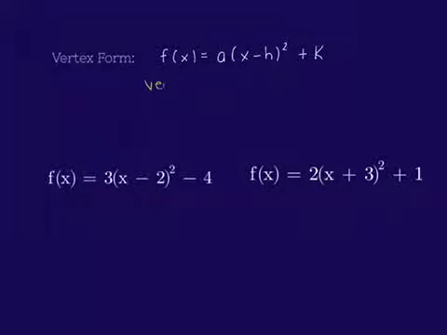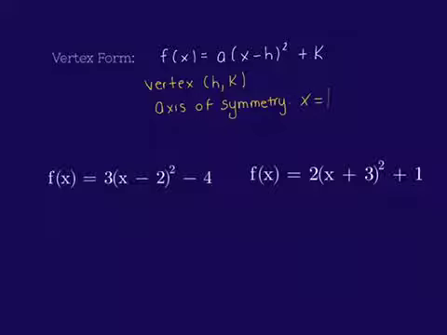First of all, the vertex of this graph will be at h, k, and the axis of symmetry, which in a minute we'll abbreviate, is at x equals h.